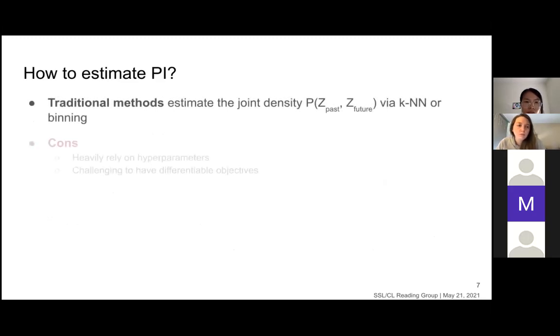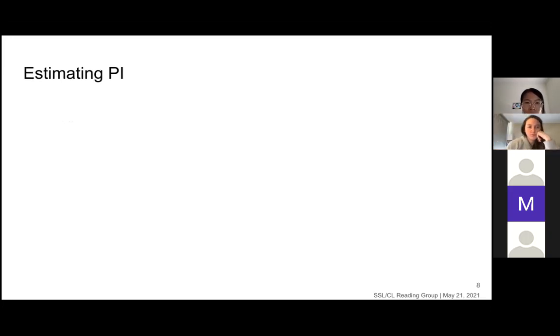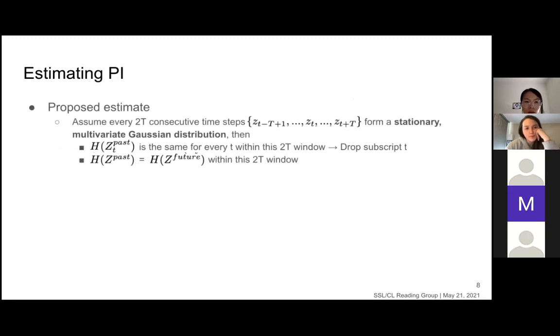There are some traditional methods that estimate the joint density P of G past and G future via k-NN or binning. But the cons of these methods are that they rely heavily on hyperparameters, and it is also challenging to have a differentiable objective. So in this paper, the authors propose an estimation method based on an assumption.